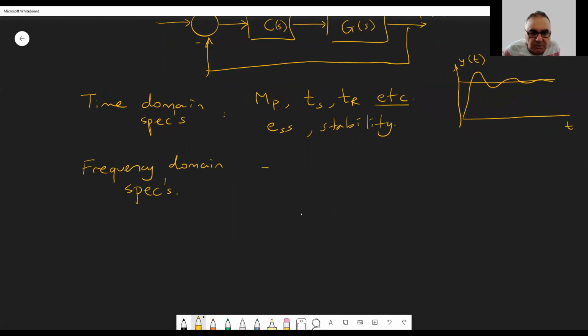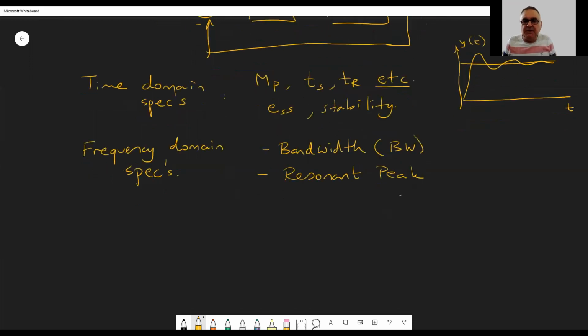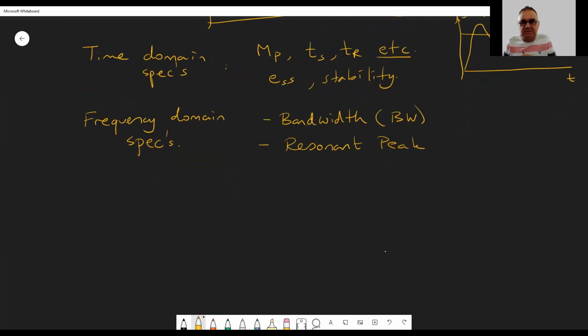One is the bandwidth of the system, which I'll call BW, and then there is the so-called resonant peak. We try to define these quantities for a closed loop system.